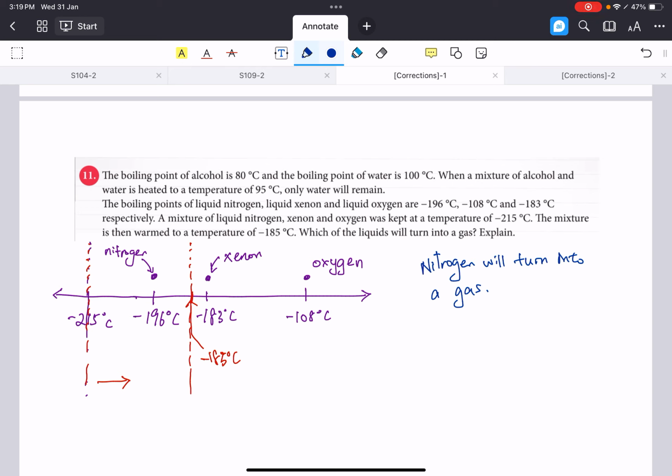And the reason is because the boiling point of nitrogen, let me try to write it with better handwriting, is lower than negative 185 degrees Celsius. Okay, so that's the scenario.